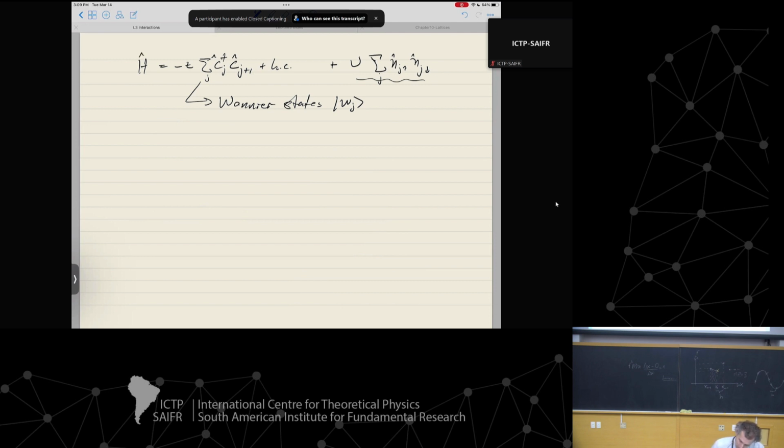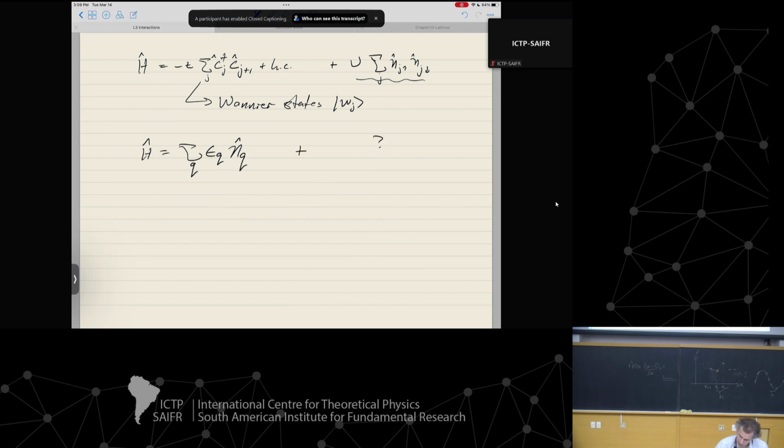But what if I go back to the Bloch states again? The Bloch states are the diagonal basis for this first term, and I would instead write them as the sum over all Q, and then just the number operator in the Q. That was the way we wrote down the Hamiltonian when finding the tunneling in the first place.